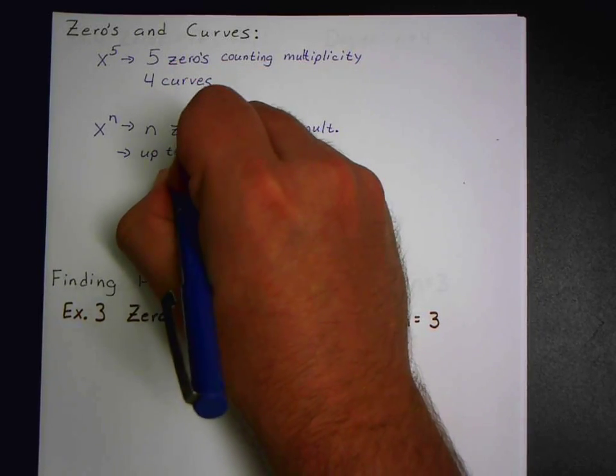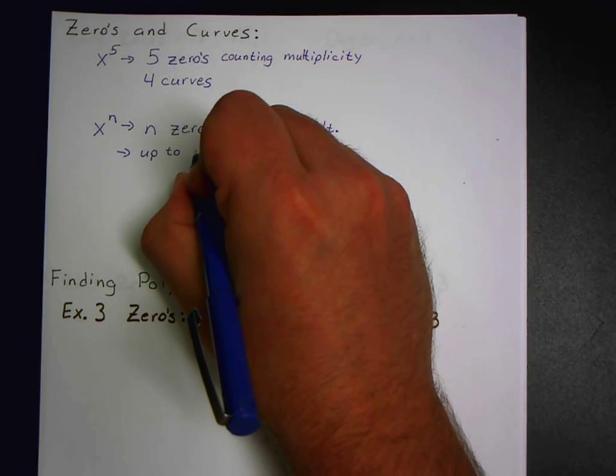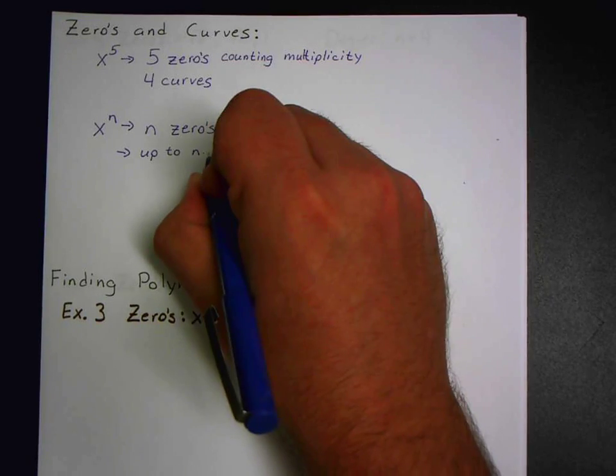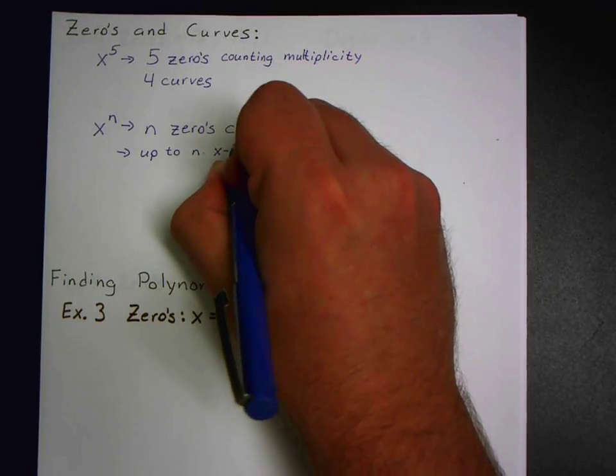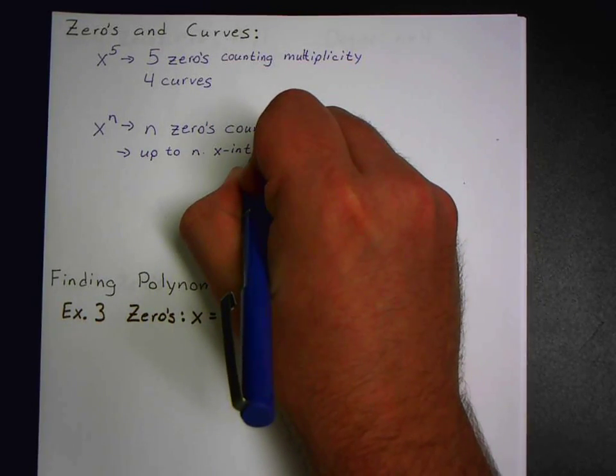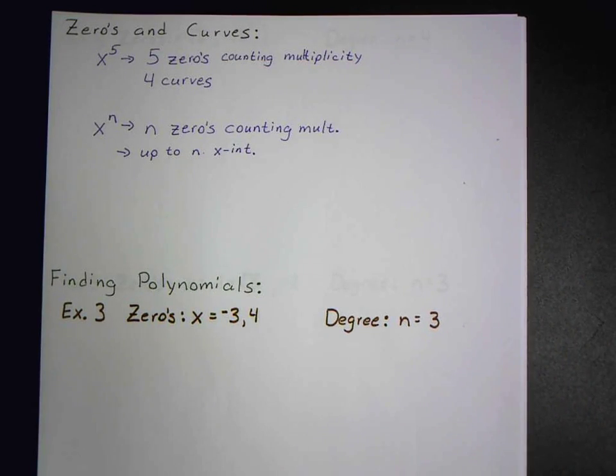However, it can have up to n x-intercepts. It does not have to have n x-intercepts. Whenever you start counting multiplicity, if you look back at that graph, it only had 3 x-intercepts, right?